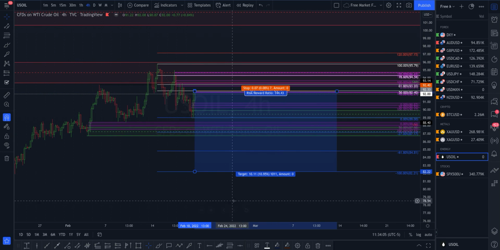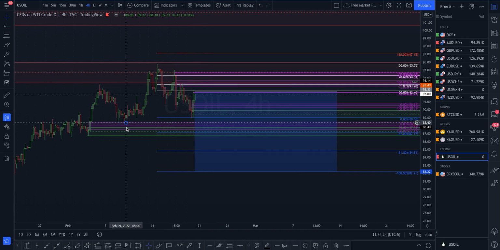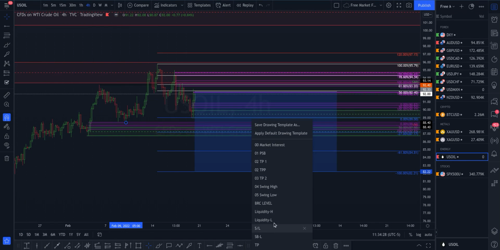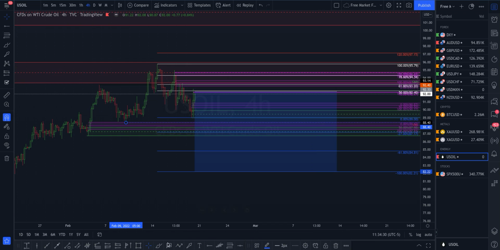And I still think that there may not be enough areas of interest that have been created up until this point to take it low, but we're gonna go with this, right? All right, so of course we'll take partial profit at 0, take partial profit at that low, take partial profit here.